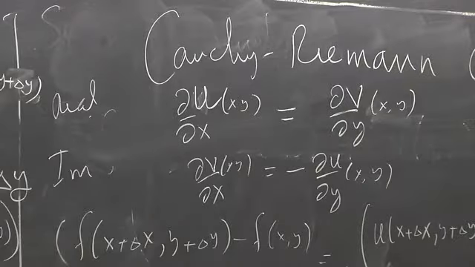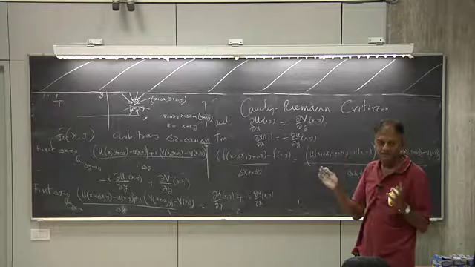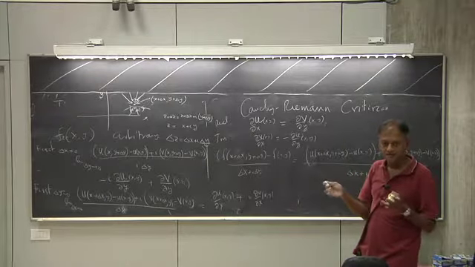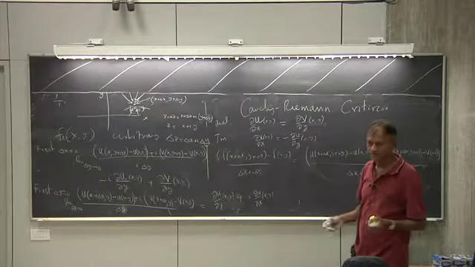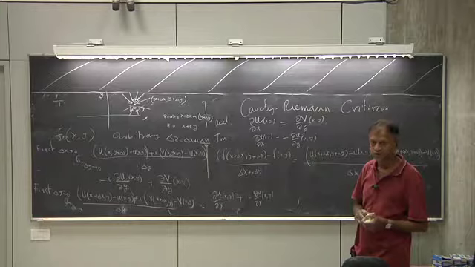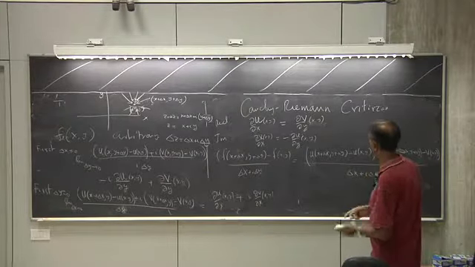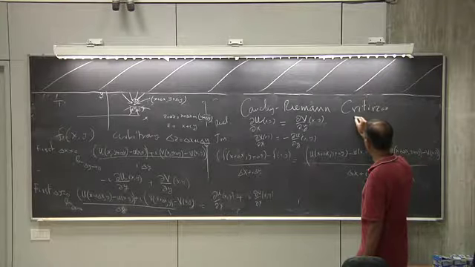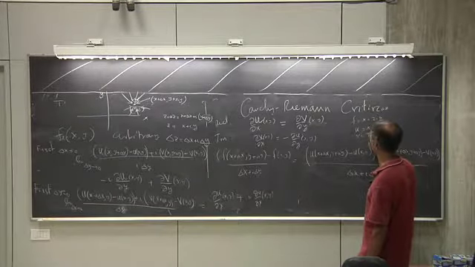So this is what is called the Cauchy-Riemann conditions. For any function to be analytic, its real and imaginary parts must satisfy these partial differential equations. Indeed, you can check for the example I gave. You remember, f was x plus 2i y, so u is simply x, and v is 2y.